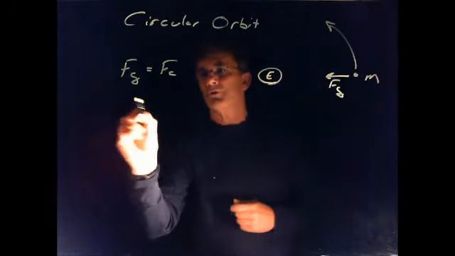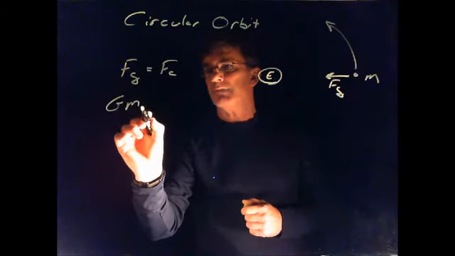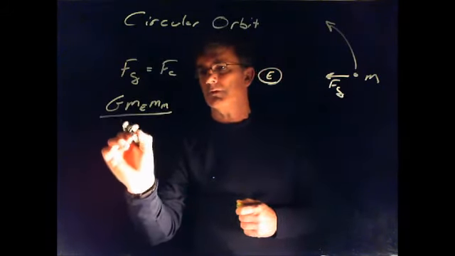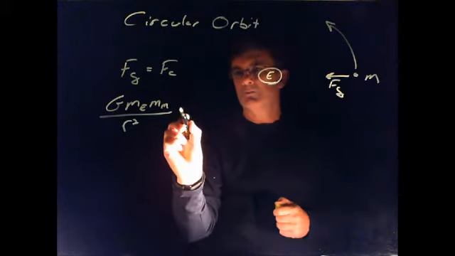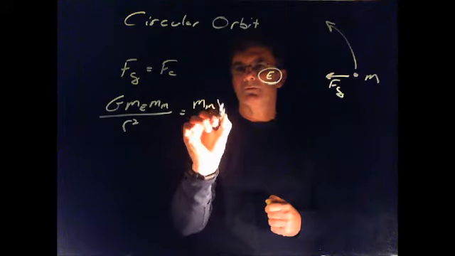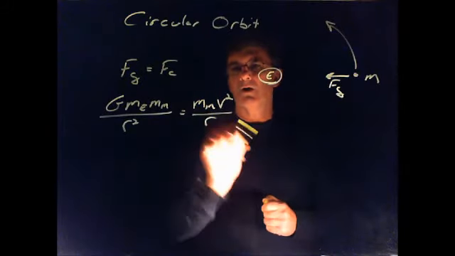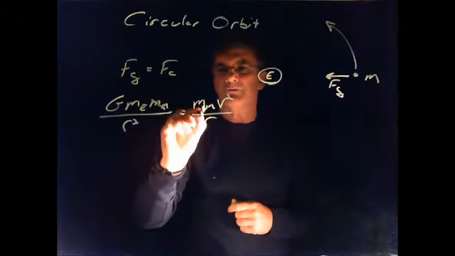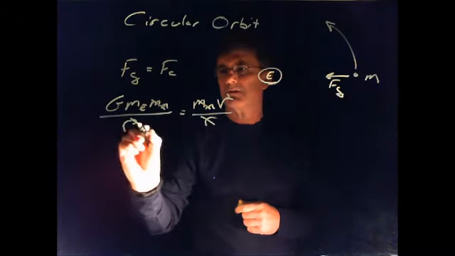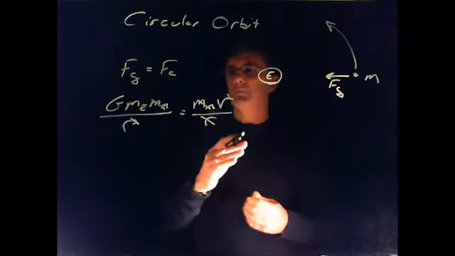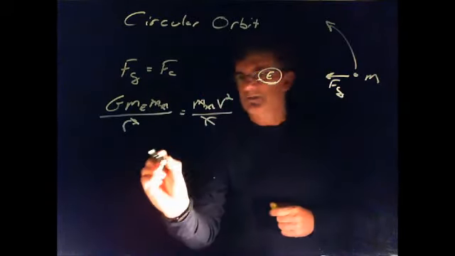Now this is our universal gravitational force, G times the mass of the Earth times the mass of the moon, over r squared, the distance between centers, is equal to the mass of the moon times v squared over r. We have some simplifying that can take place, and so we can get the velocity of the moon, and this is the interesting aspect.